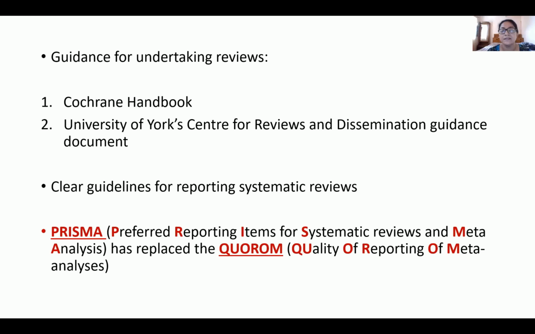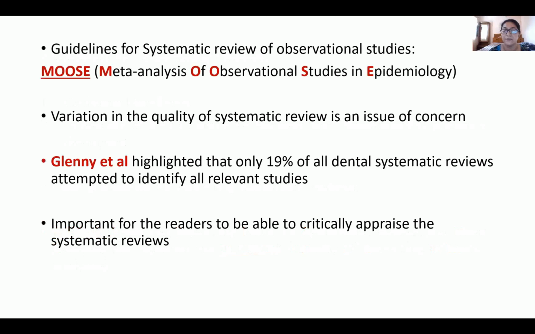This has replaced the earlier guideline, QUOROM, the Quality of Reporting of Meta-analyses. Then there are also guidelines for systematic reviews of observational studies. We have the MOOSE guidelines, Meta-analysis of Observational Studies in Epidemiology.